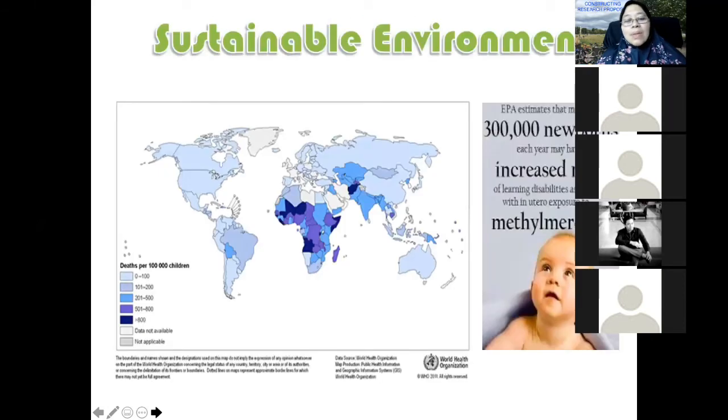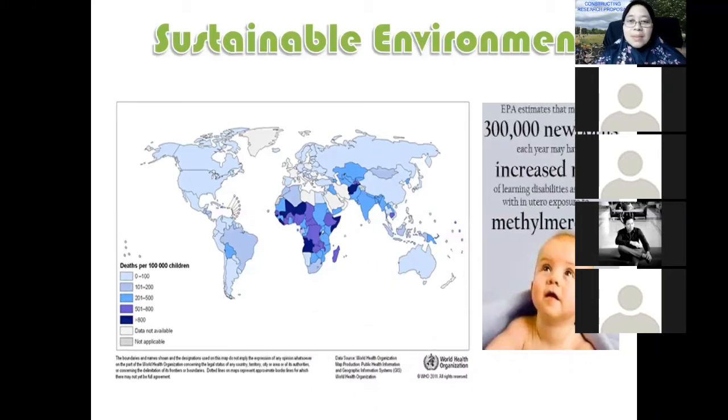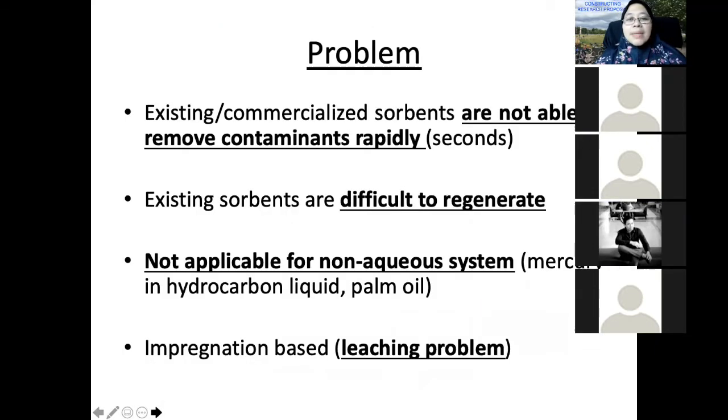So this is what I did: the issue of mercury. This is based on my passion, because I am really concerned about heavy metal contamination. I identified the problems from those who are working in oil and gas.